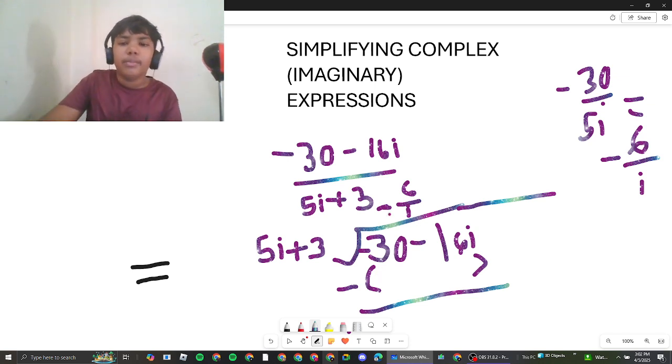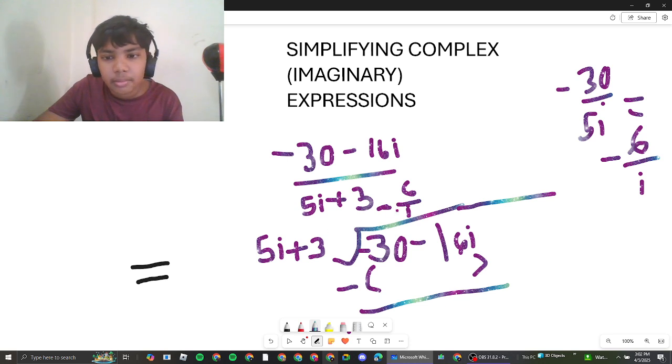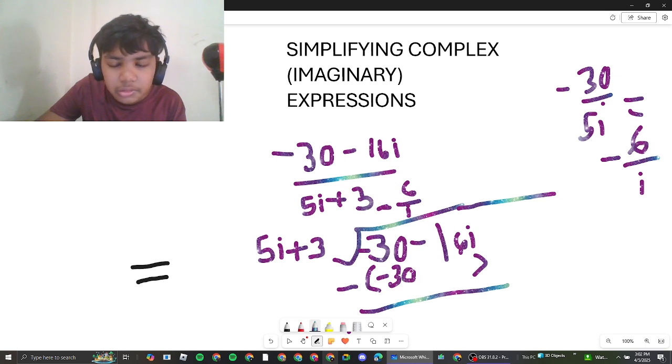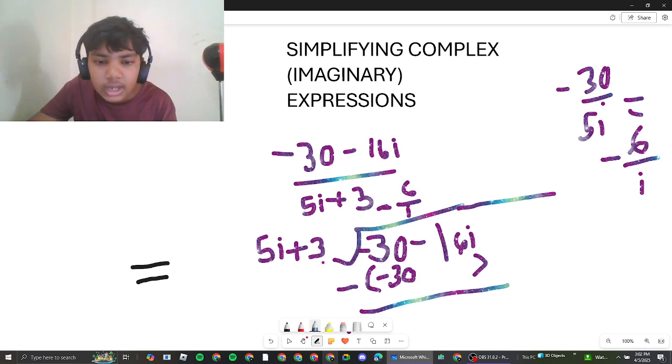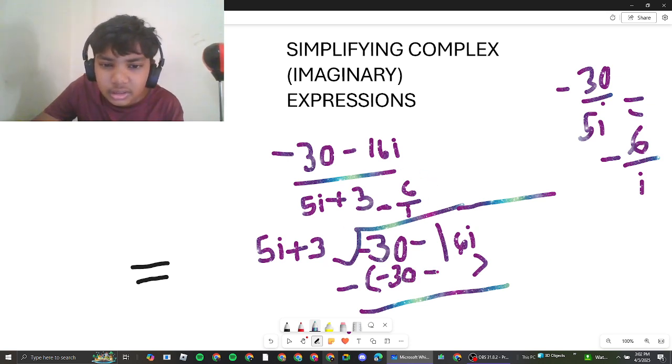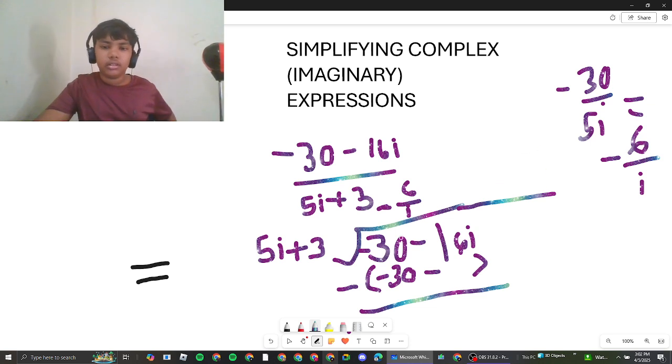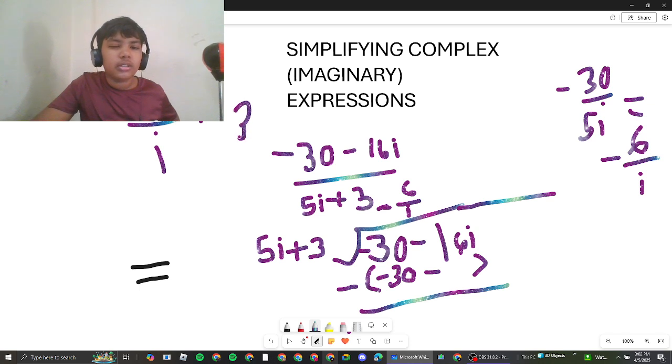Now we multiply this with this. Minus 6 by i times 5i will be minus 30. And then minus 6 by i times plus 3 will be minus 18 by i. Oh god, it's a fraction.